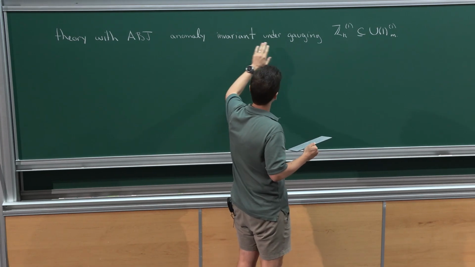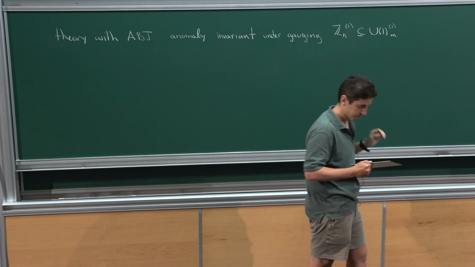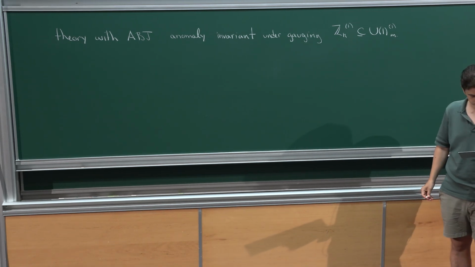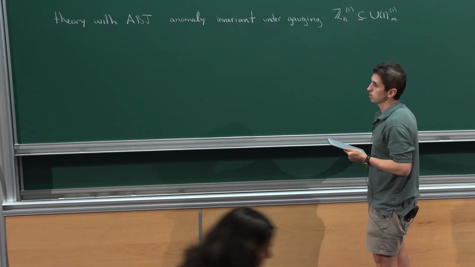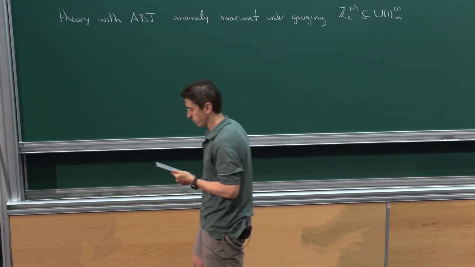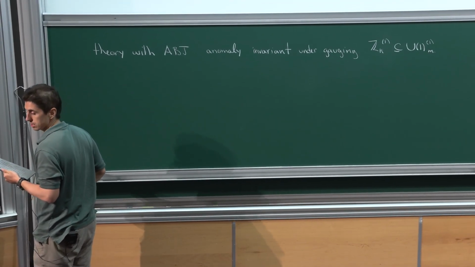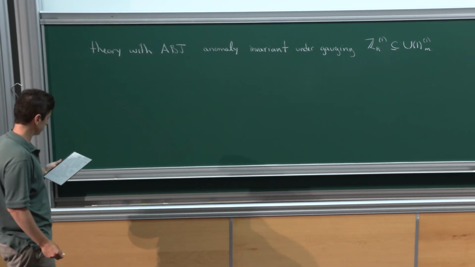It was invariant under gauging a ZK one-form subgroup of its U1 magnetic global symmetry. So that was a feature that we had derived. And we're going to use this feature to construct this topological operator in a slightly different way.